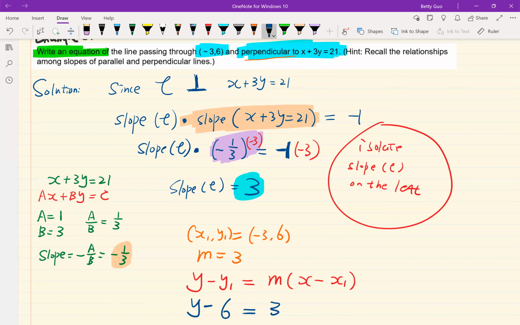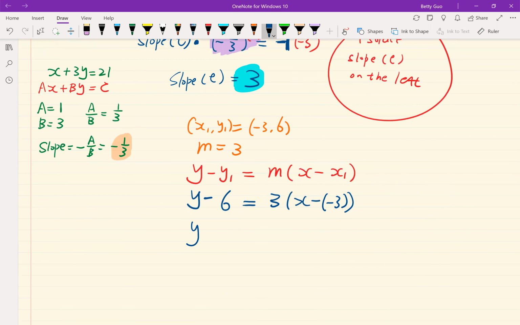That is 3 for sure, right? Copy the parentheses. Inside the parentheses, we copy x, copy minus. What's x sub 1? Negative 3, so we minus negative 3, right? Inside the parentheses in the point-slope form, we have x minus negative 3. Is x minus negative 3 the same as x plus 3? Yes? Okay, very good.